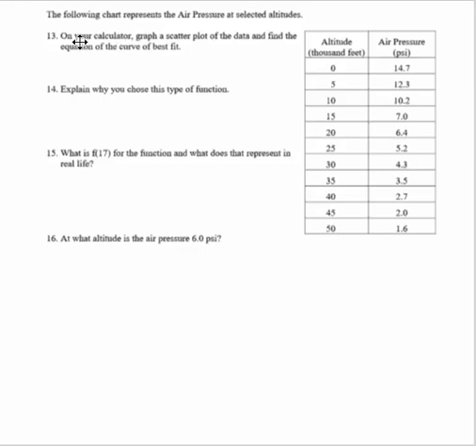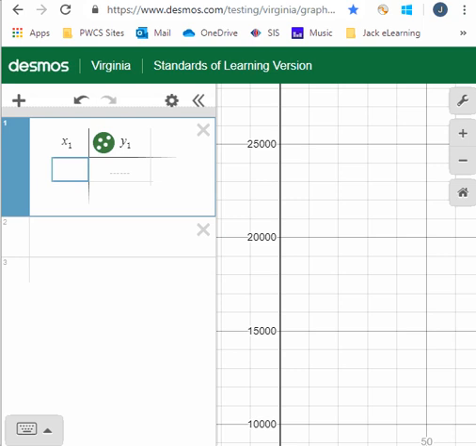As we look at the next example, we're going to again start with a scatter plot of this data. So you're going to want to go back to Desmos and enter in this table of values.